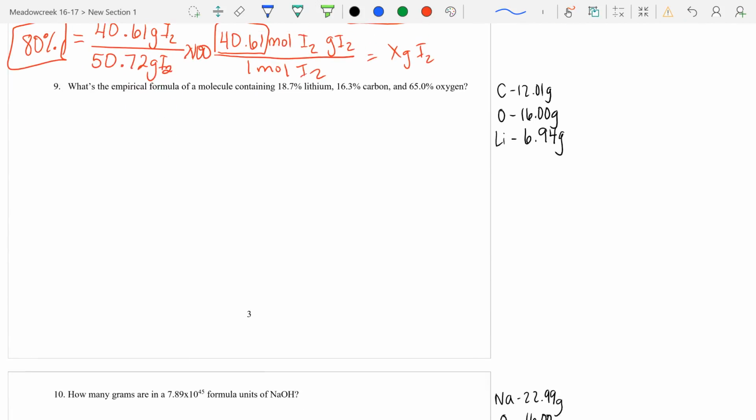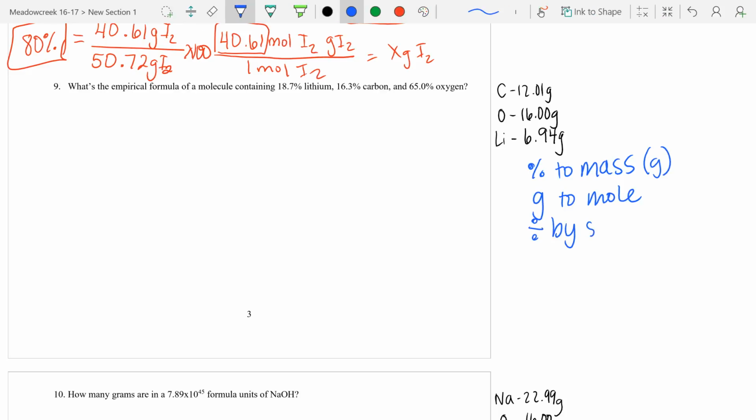Our formula is percent to mass, mass to mole, divide by small, multiply till whole. So we have to convert from our percents into masses or grams.